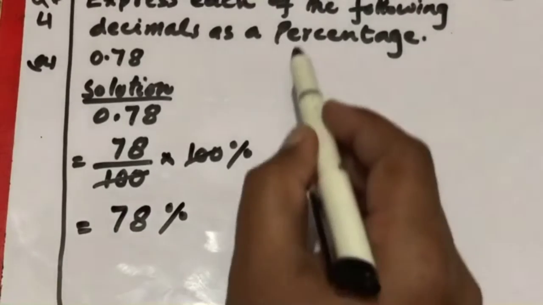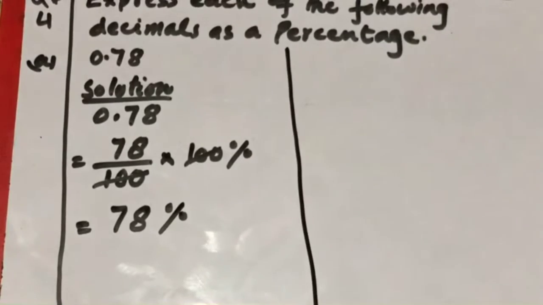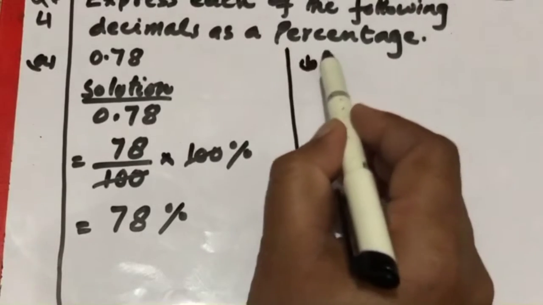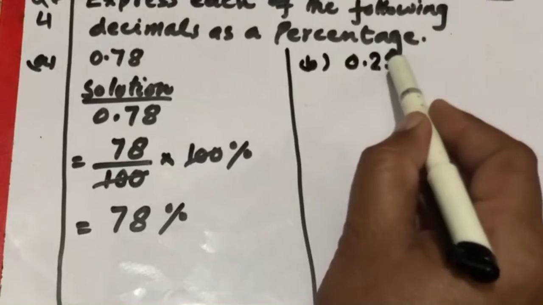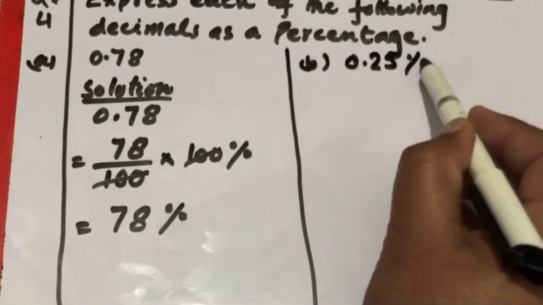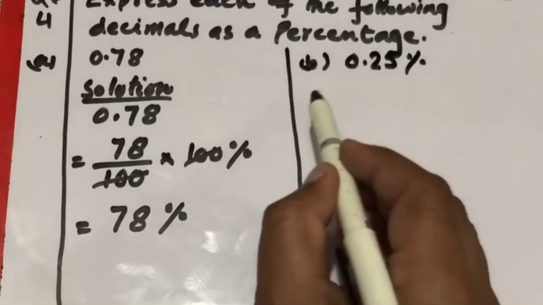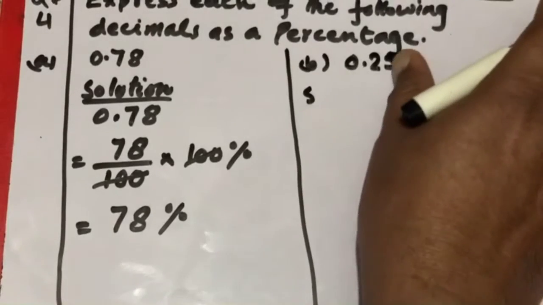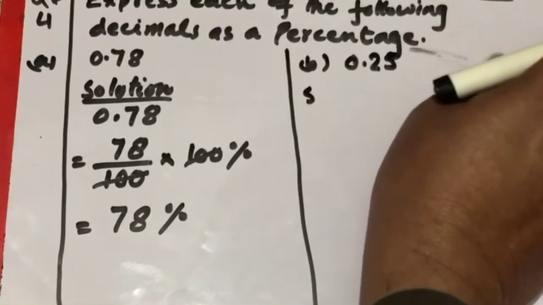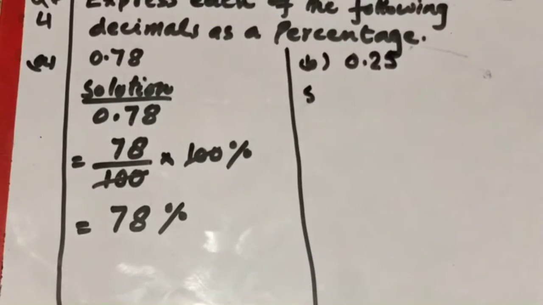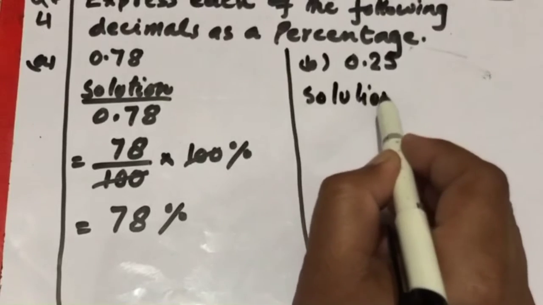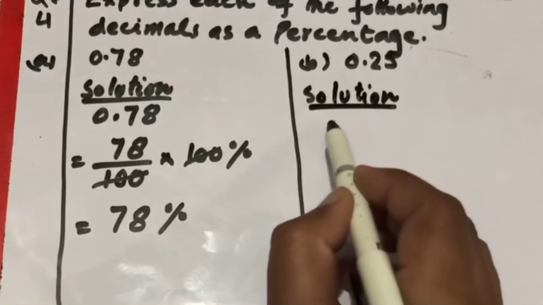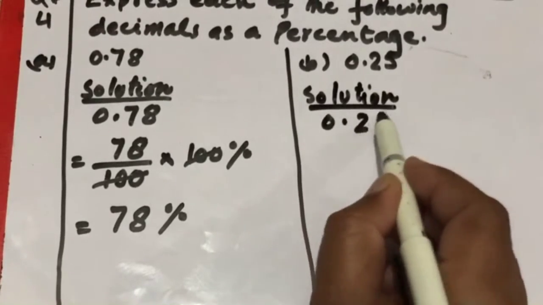Now we are going to solve the second part of question number 4, which is B. The statement is 0.25. So in solution, we have to express 0.25 into the percentage. So in solution we will write the decimal number 0.25 as it is.